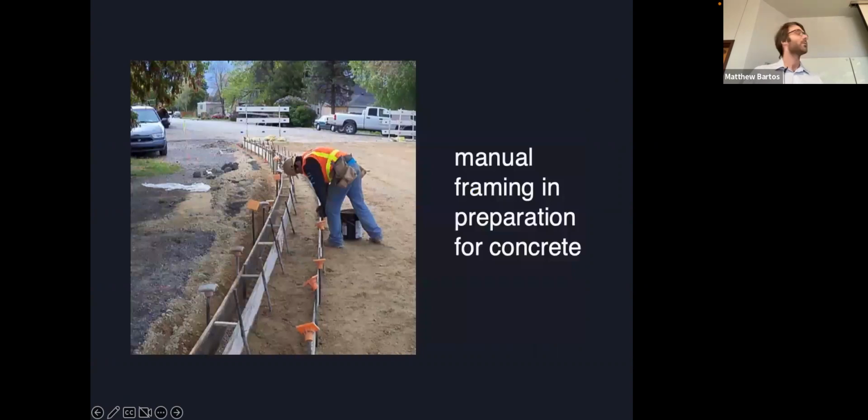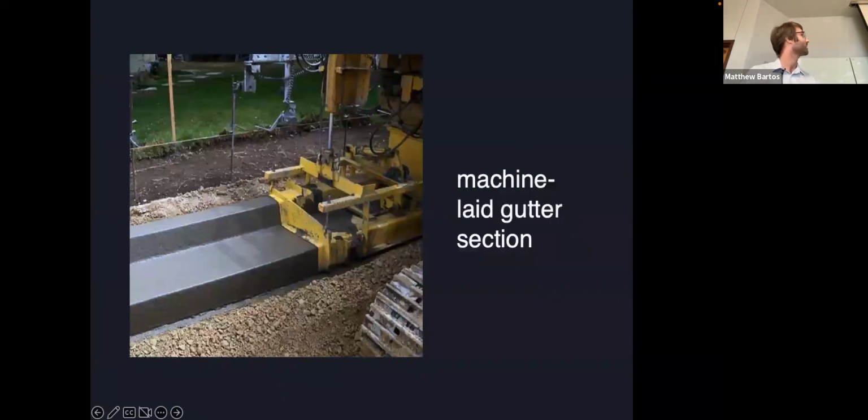Okay, so I just want to show you a couple pictures of curbs being constructed. This is an image of the manual framing of the curbs. Typically they're framed with these wooden frames like this, and then they're often laid by a machine. This is an image of a gutter being laid by machinery.